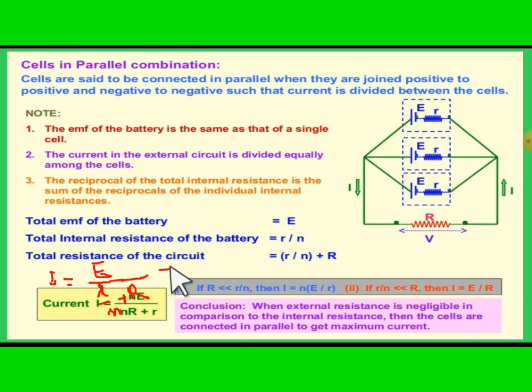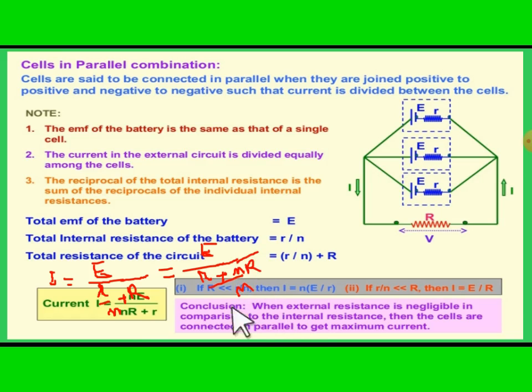So if you do the LCM for the denominator, then it will be E, then LCM will be n, and this will be small r plus nR, right? Got it?